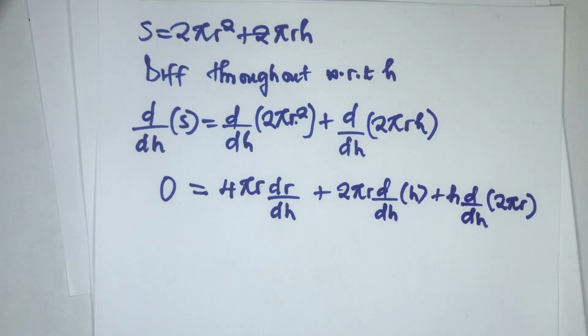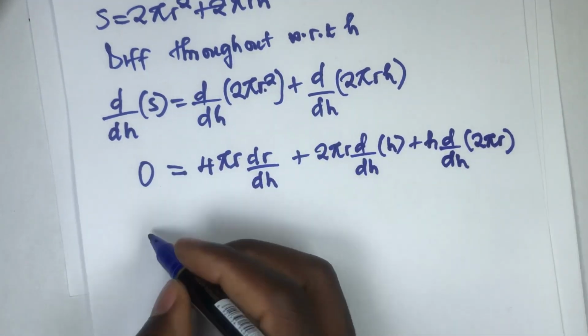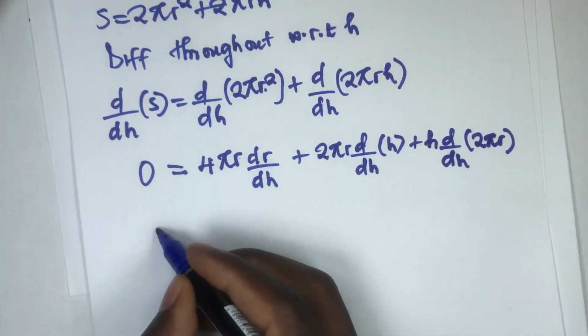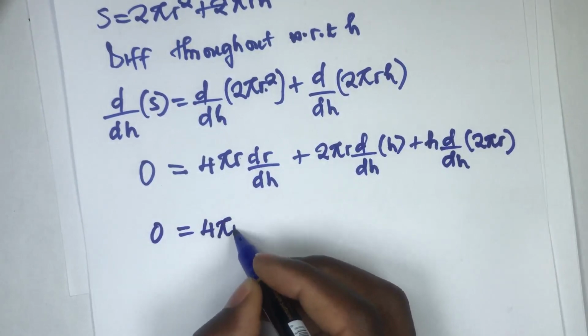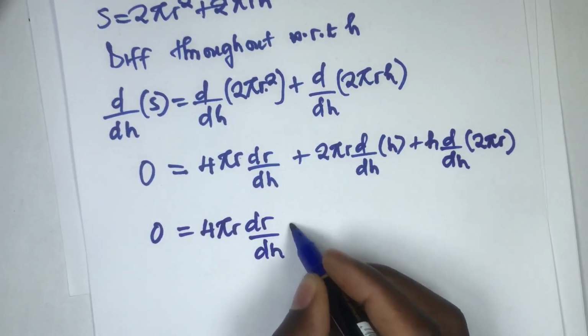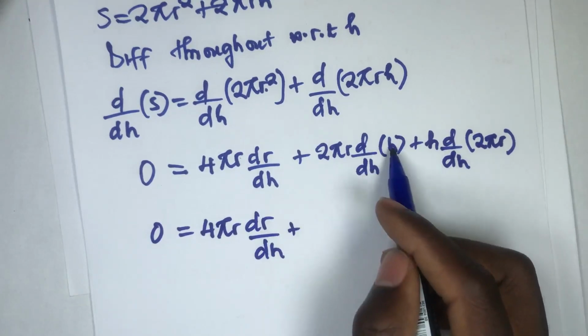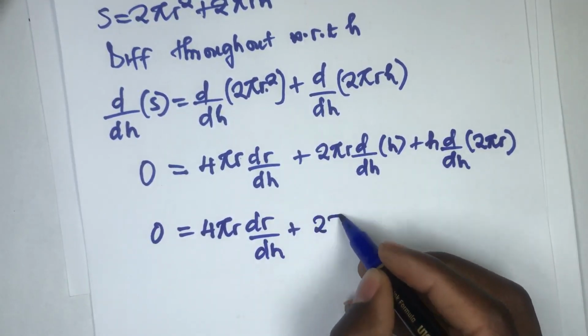Since we've done that, we can go ahead and differentiate these terms. This side, we maintain the 0, equal to 4 pi r dr/dh, plus, when you differentiate h with respect to h, you just get 1, so we have 2 pi r.